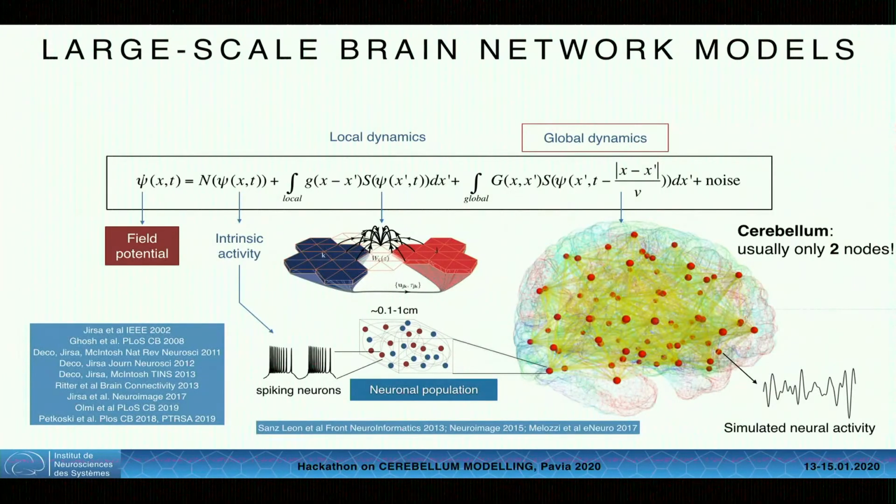And then in the TVB we have two levels of representation. So we can have brain nodes only, or we can have a neural field. So the local dynamics is about the neural field, and then we end up with several thousands of nodes. So usually it's the cortical sheet. These nodes are connected with some connectivity kernel, which is homotropic in space.